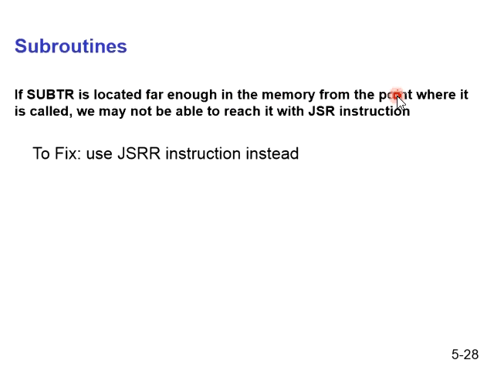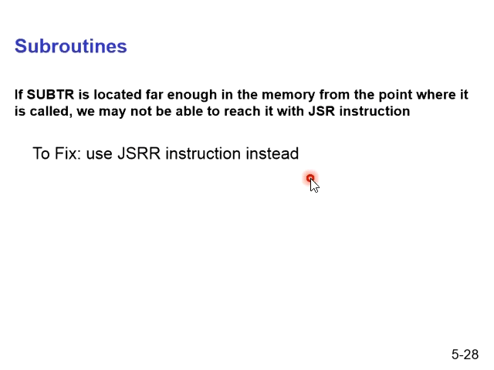At that time, we cannot use JSR, but we must use JSRR. When we use JSRR, you must use a base register for jumping to any place in our memory.